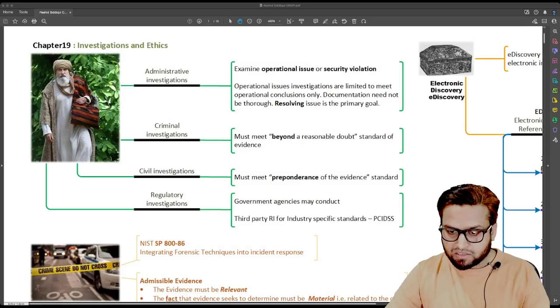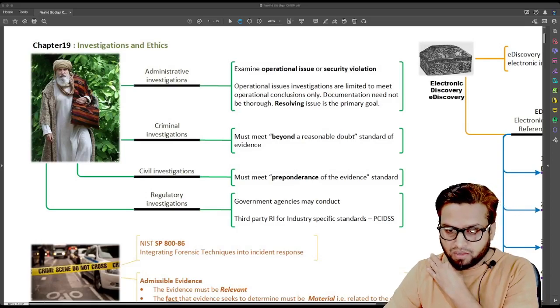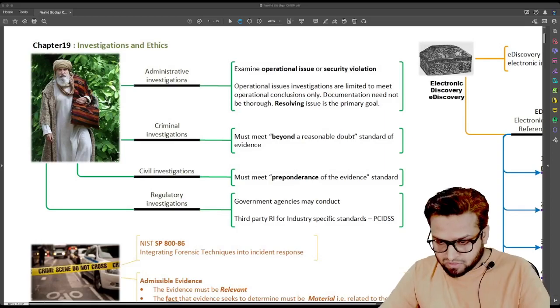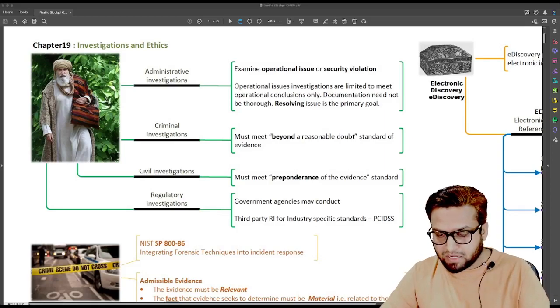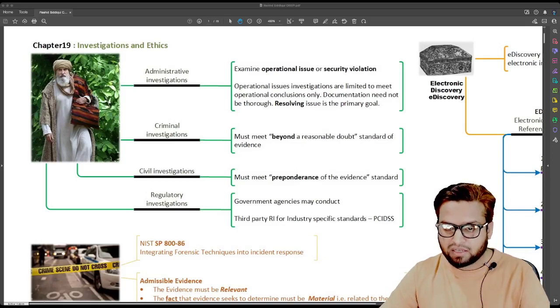That's a kind of security violation, someone trying something against the server. Those kinds of issues are administrative in nature, and they are dealt with by the incident management process a company is running. The incident management process, and the underlying problem management and change management, all tend to address administrative investigations.